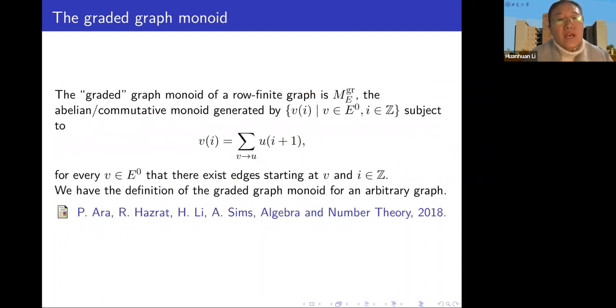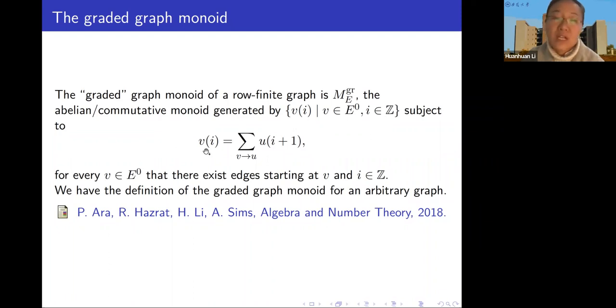In this paper, which is with Ara and Hazrat, we have a graded graph monoid. Here we can also do it for an arbitrary graph, but we only give the definition for row finite graphs. The generators for this graded monoid are V_i, where V is any vertex and i is an integer.